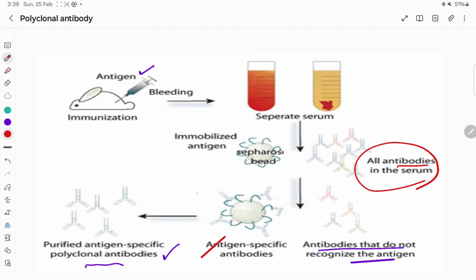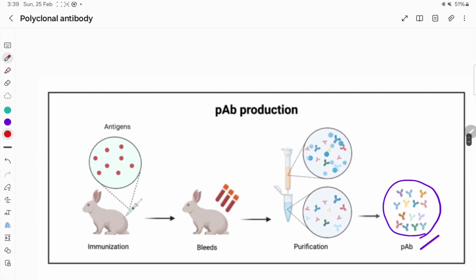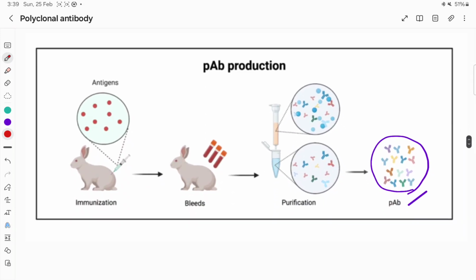So we need purification, and after purification we will get purified antigen-specific polyclonal antibodies. To simplify, first we immunize the animal, then collect the blood, and purify. We'll get the polyclonal antibodies, which are a mixture of antibodies with different epitope targets on the same antigen.